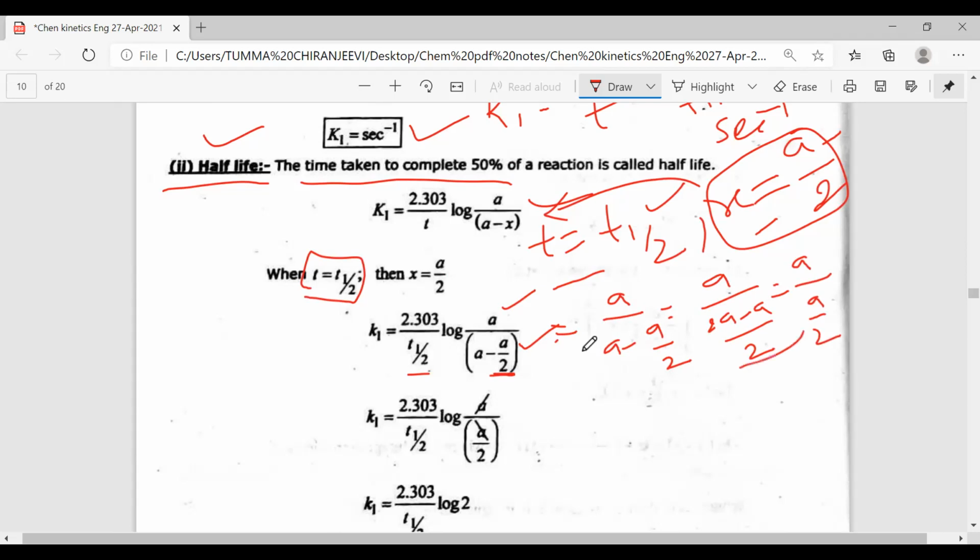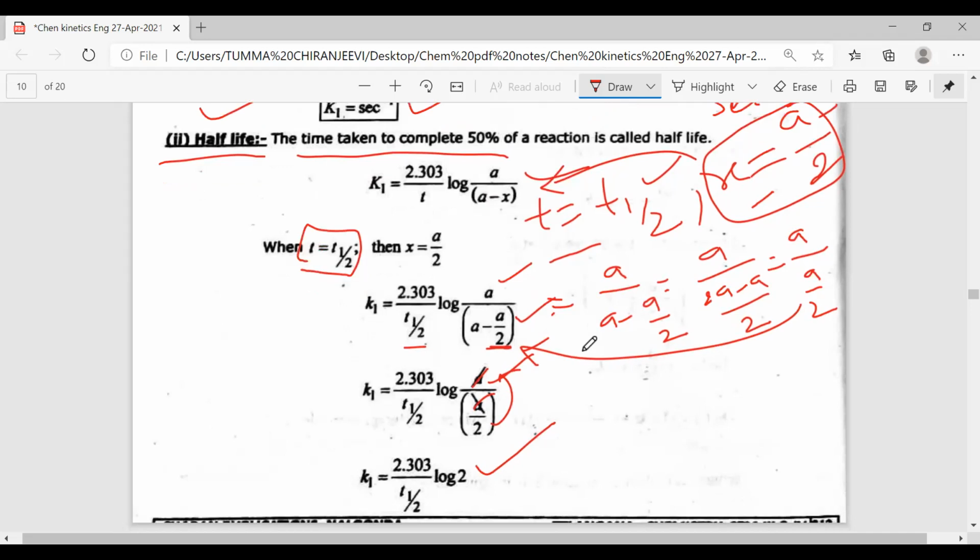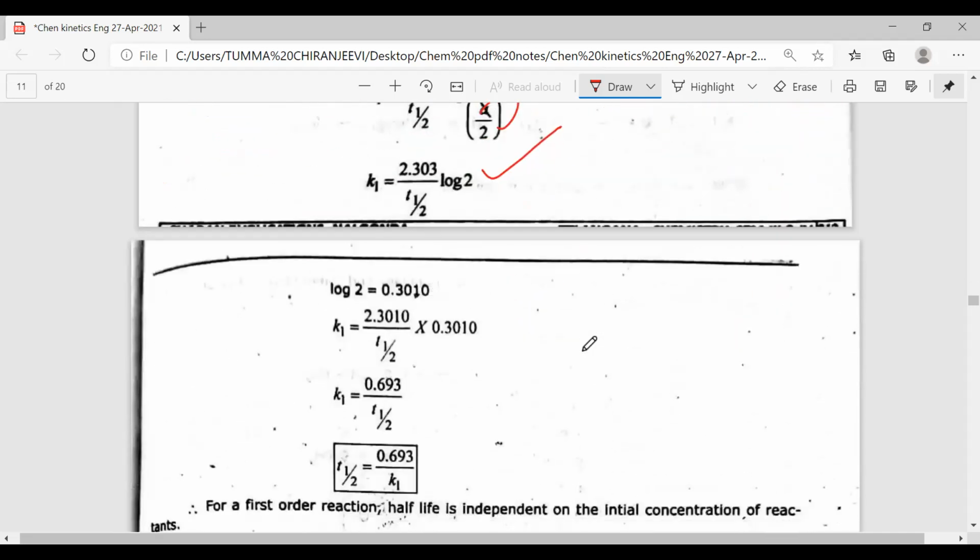After simplification of this, you can get k is equal to 2.303 by t half log a by a by 2. Here a cancels. So remaining what is that? 1 by 2. Take it upside, then you can get k is equal to 2.303 by t half log 2.